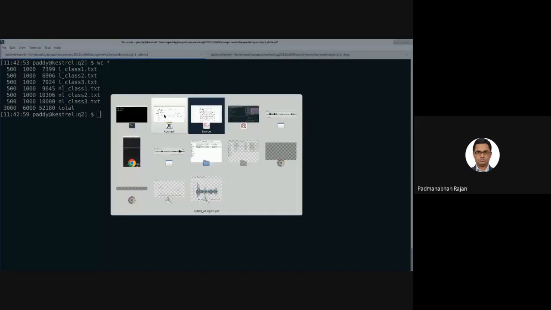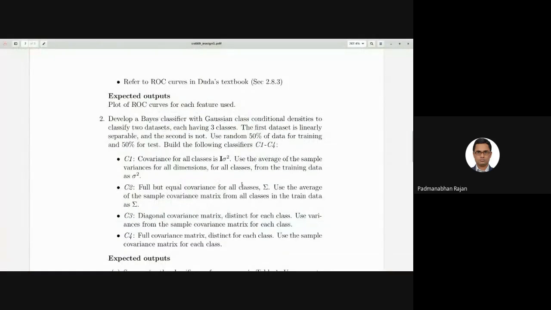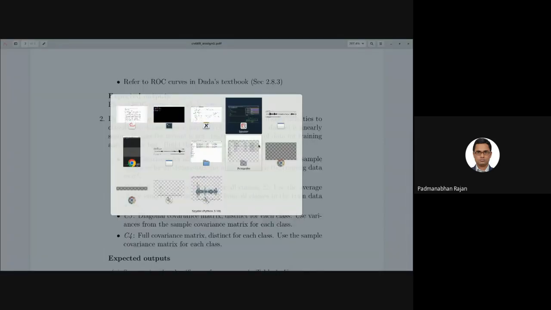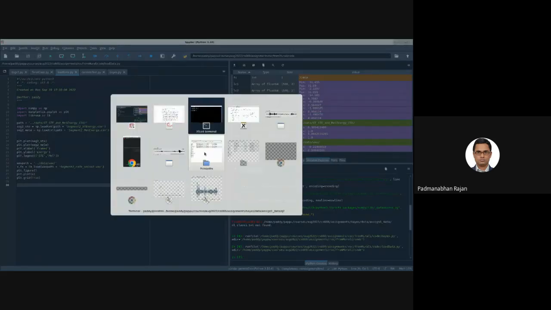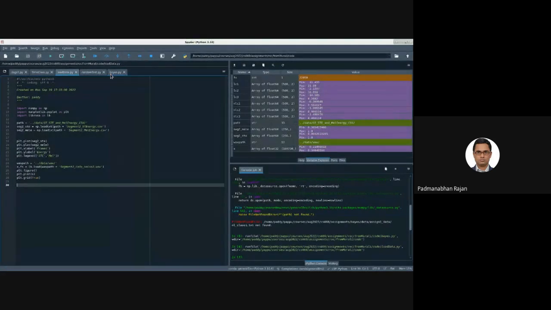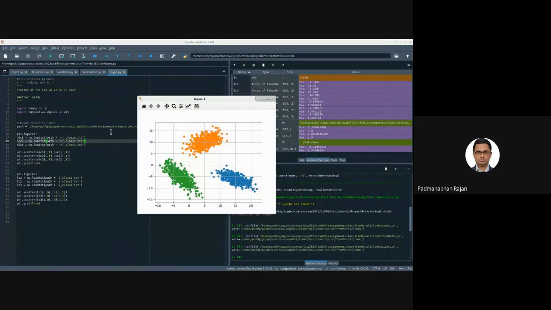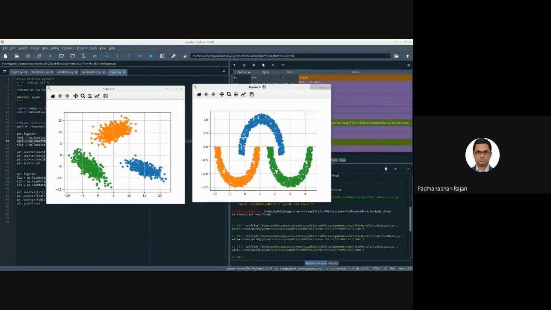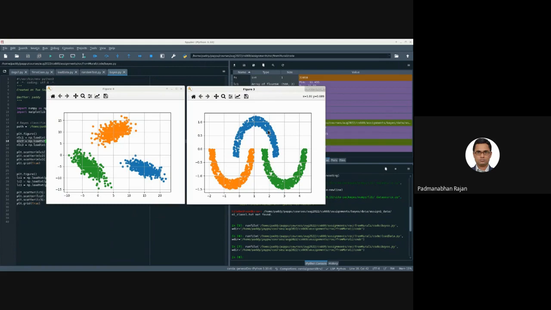There are two data sets. One is a linearly separable data set. The second one is non-linear. I will show you the data. The linearly separable data look like this, and the non-linearly separable data look like this. In each case, you're going to use a Bayes classifier of varying complexities to classify these three classes.